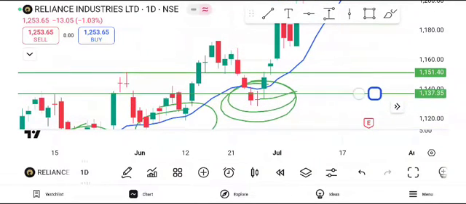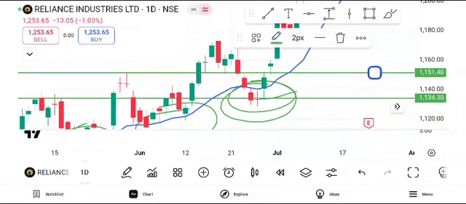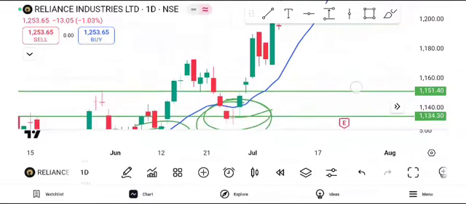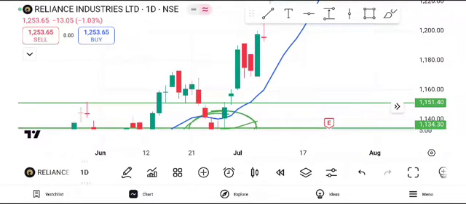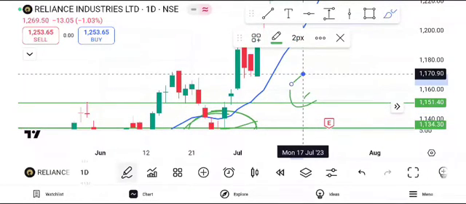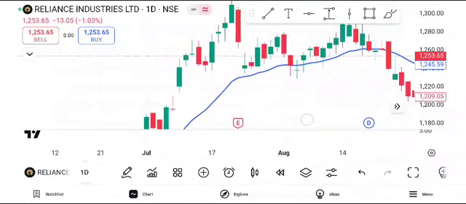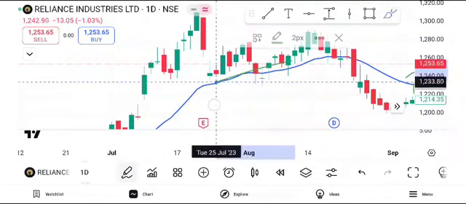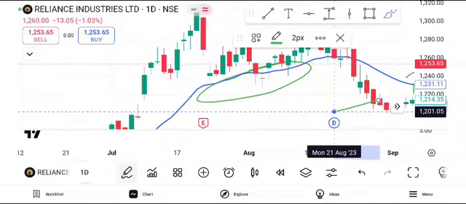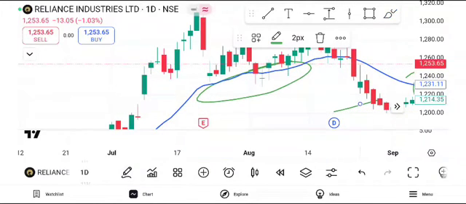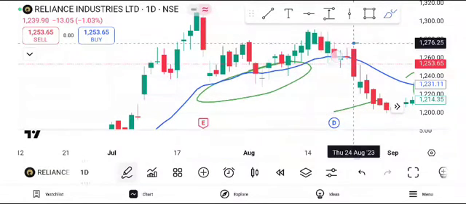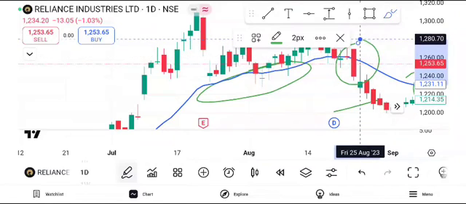Again, if you enter here, it moves like a rocket. See, again it gives a support here. Again this red candle gives a trend change. Why? Because this is a big red candle.